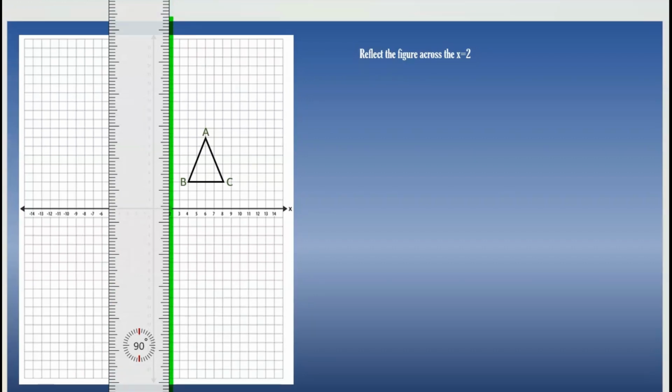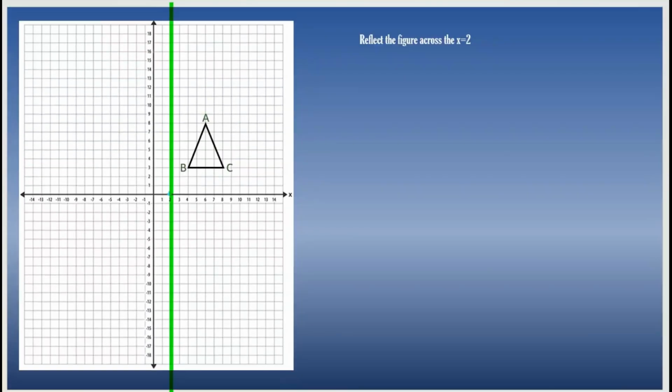So this is the x equals 2 line, and then he wants to flip the same figure across this line. This one doesn't really have a rule.